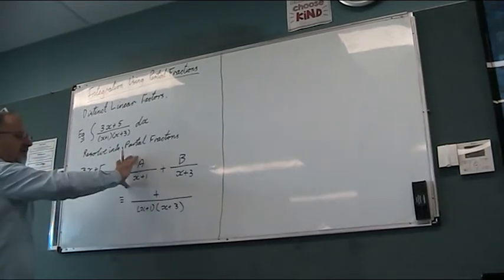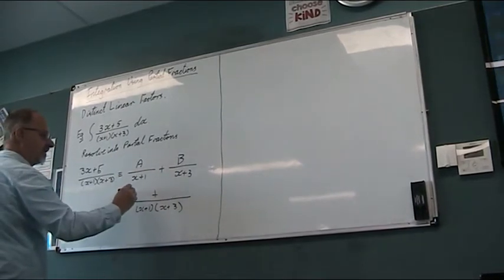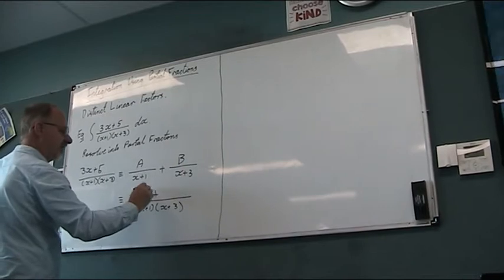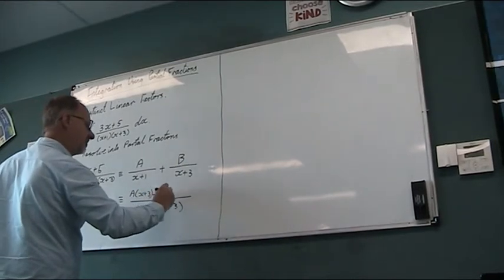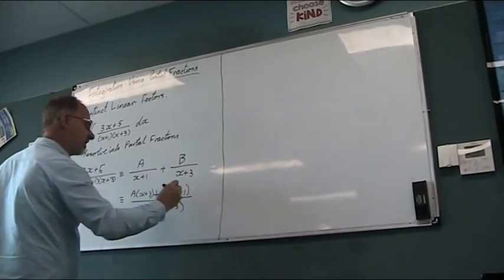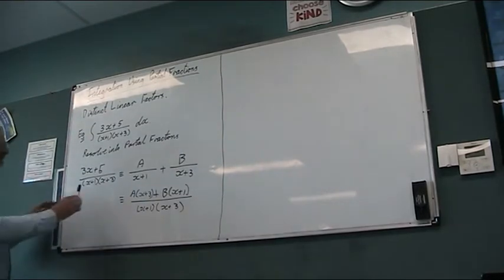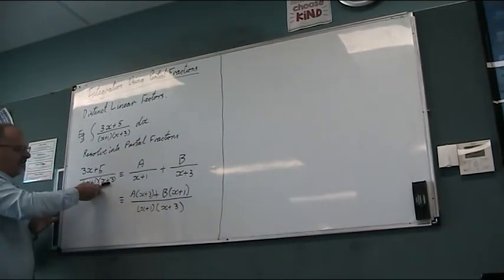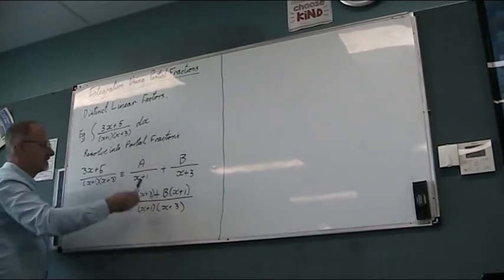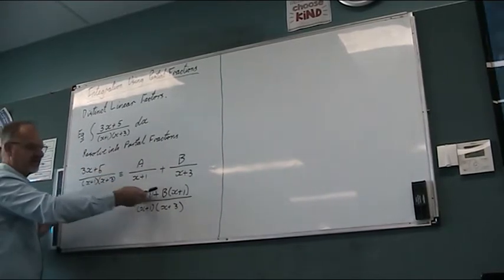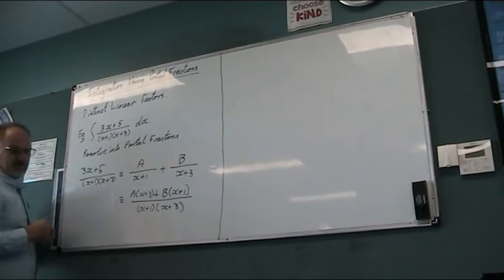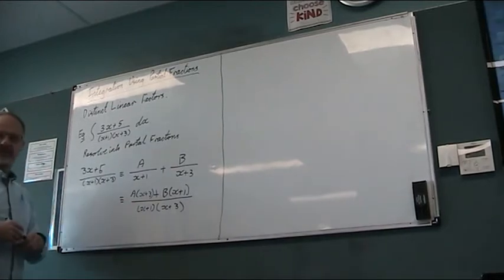Then the one on the left, I need to multiply that a by x plus 3, and I need to multiply that b by x plus 1. And so if the denominators are the same, then our numerators have got to be the same. Alright, so this is turning into partial fractions.